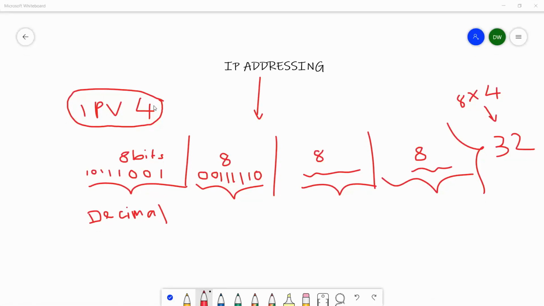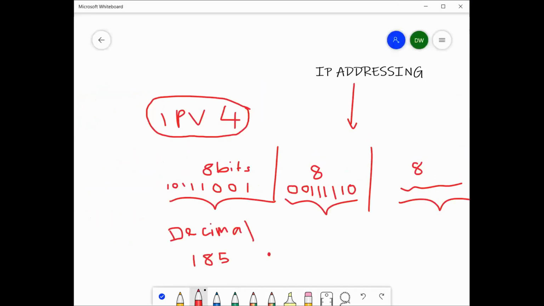What I'm going to do is just use the calculator. 1 0 1 1 1 0 0 1. Okay, so the decimal value of this is 185, and then you have to put a dot in between to denote a separate section, and the second value is again, let me check the second value as well.